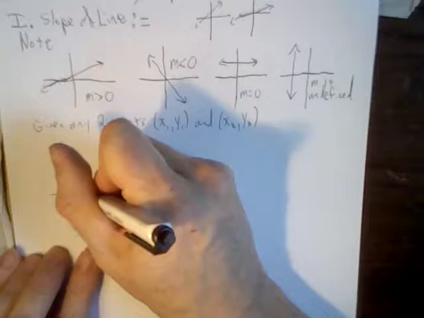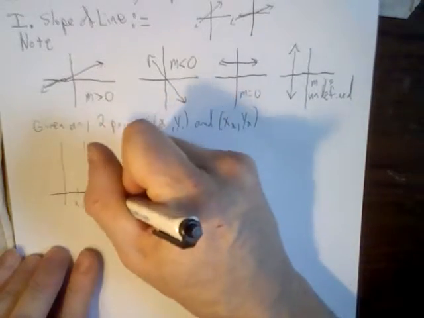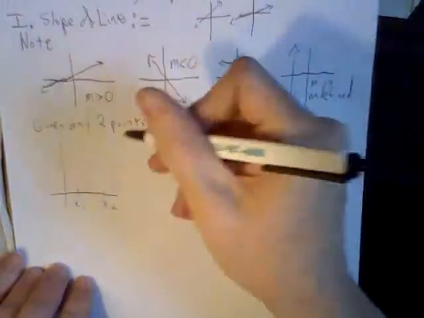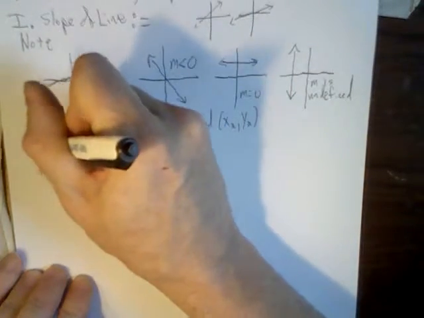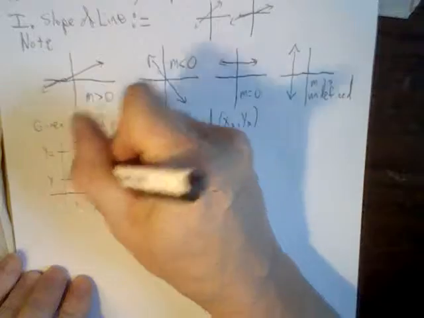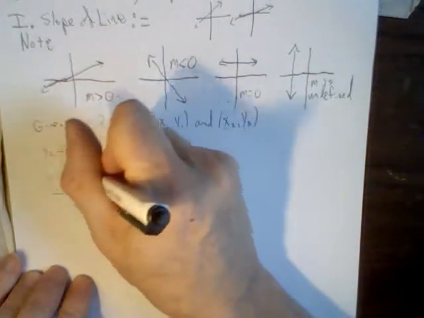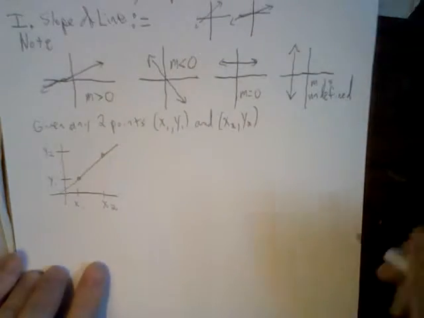So we can draw it. Here's x1, here's x2, and then we have the corresponding y1, the corresponding y2. So you have some sort of line going through those 2 points.